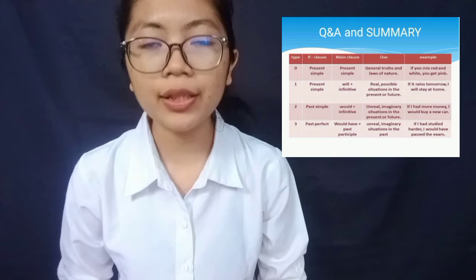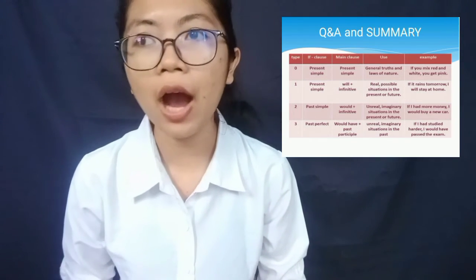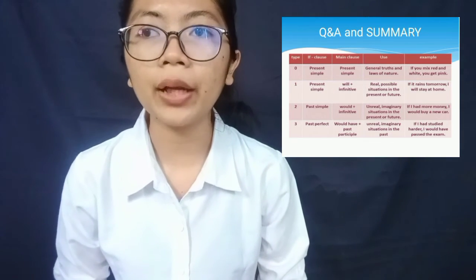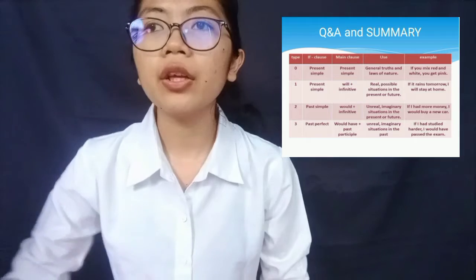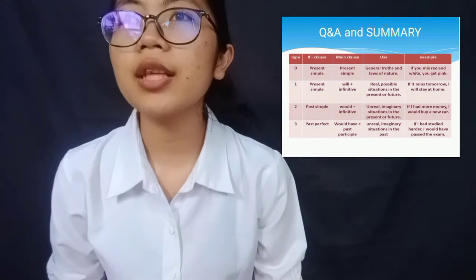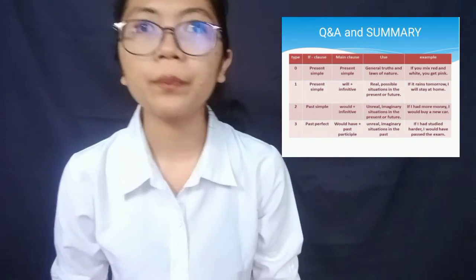There are 4 types of conditional sentences. Its type depends on how likely the expected thing is to happen. You just need to remember that type 0 is used to tell a general truth and laws of nature.